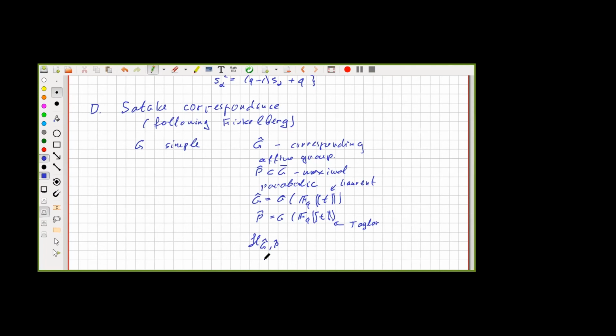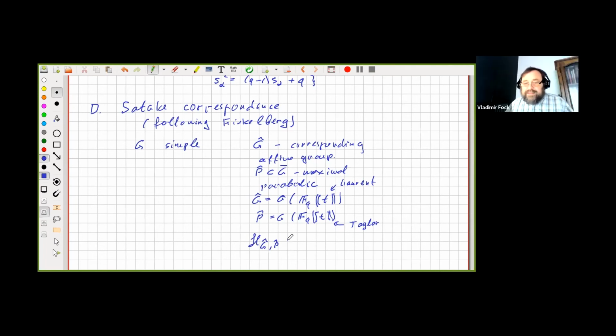So you have H. In this particular case, H is commutative. The observation is that H of G over P is commutative.